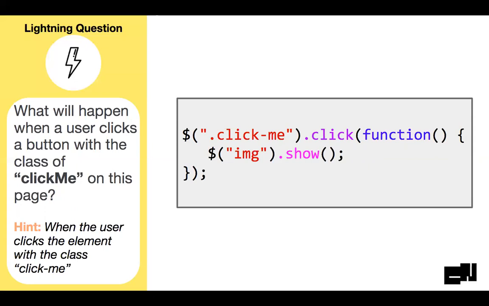Exactly. When the user clicks the element with the class click me, an image will show, okay? So that's what's going to happen when we have our event, you clicking. The selector is the button with the class of .click me, and then it's going to show that based on you clicking. That's what this code is saying.